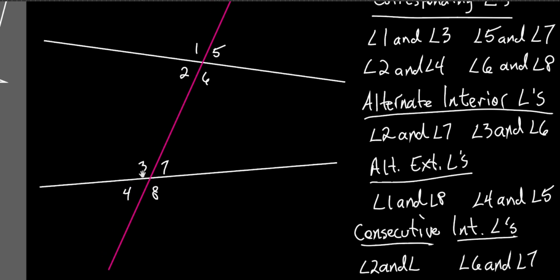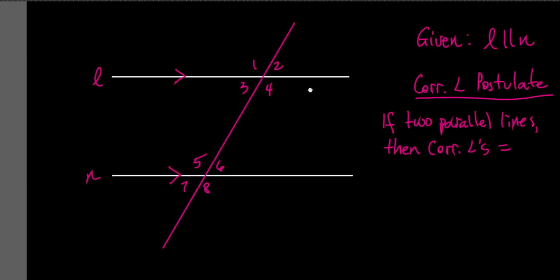Are they equal to each other, 1 and 3? No, because I don't know that these are parallel, right? So if these are not parallel to each other, 1 and 3 are not equal to each other. When are they actually equal to each other? When the lines are parallel. That's the only time. So if the two lines are parallel, angle 1 and angle 5 would be equal to each other. 2 and 6, 3 and 7, 4 and 8. They would all be equal to each other.